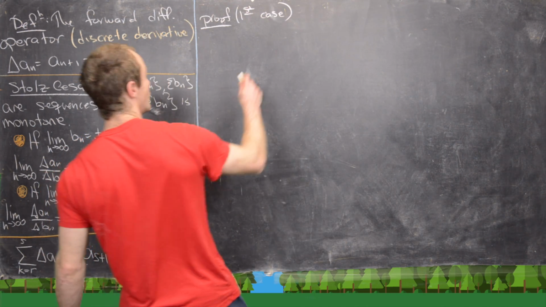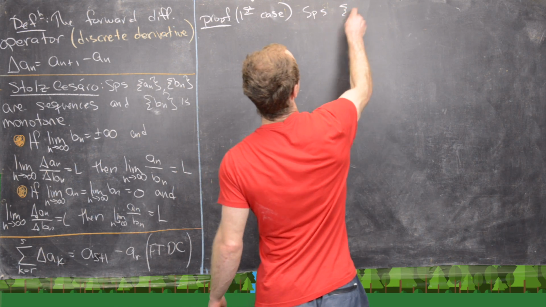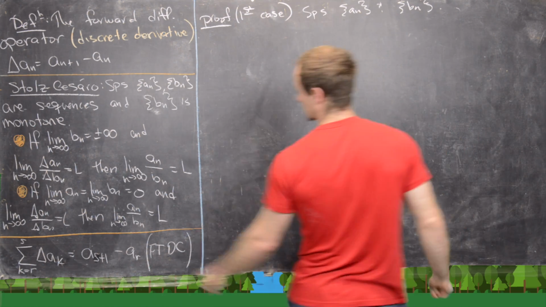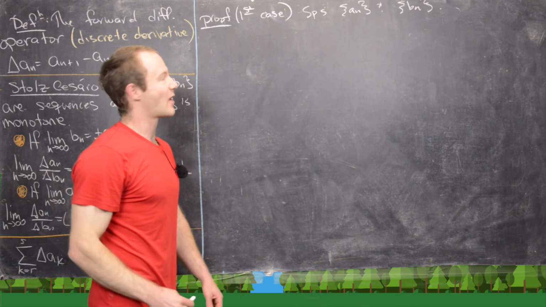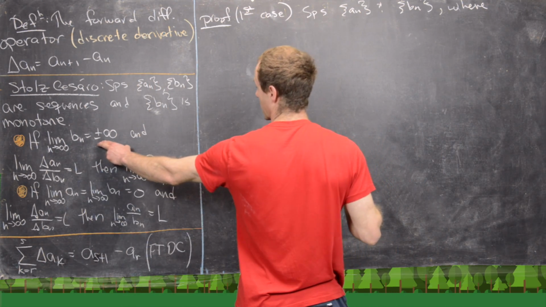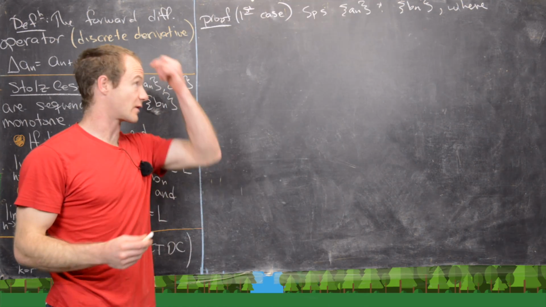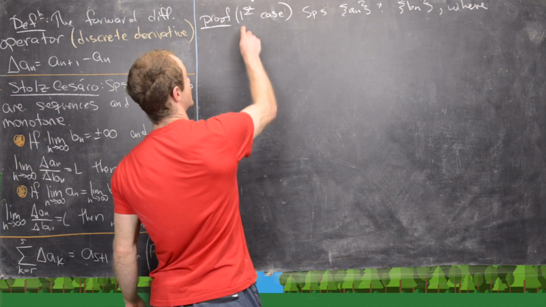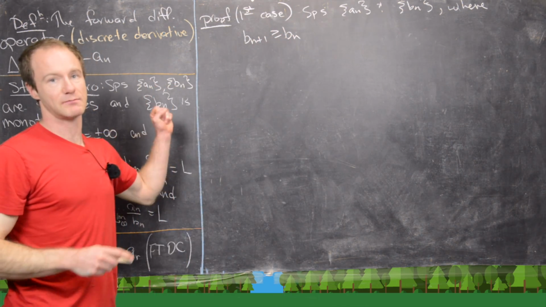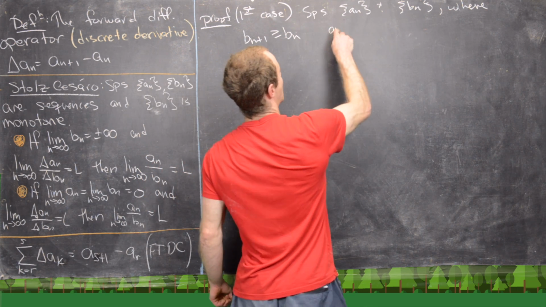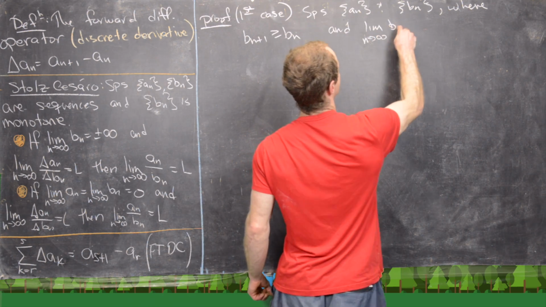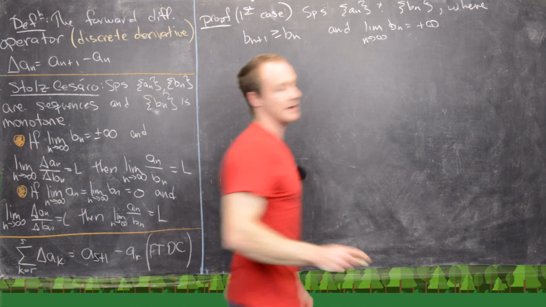Okay. So what we want to do is suppose that a_n and b_n are sequences satisfying the hypotheses that we need over here, where we have this monotonicity, but b_n is going to infinity. Something similar would happen if b_n was going to negative infinity. So in other words, we have b_{n+1} is bigger than or equal to b_n, that is, it's monotonically increasing, and the limit of the b_n terms is positive infinity.